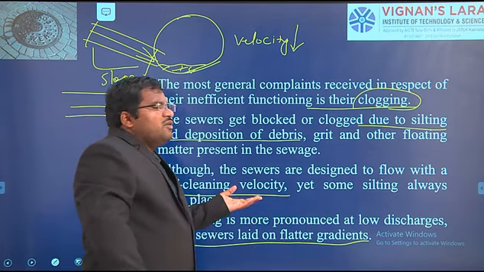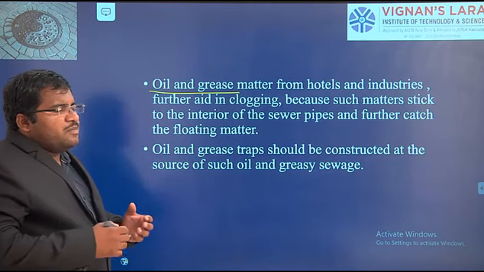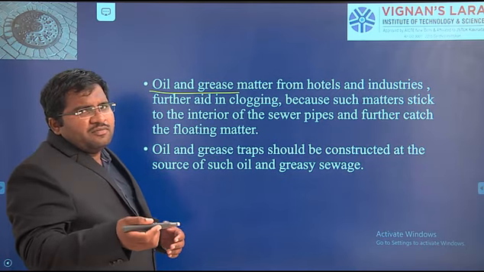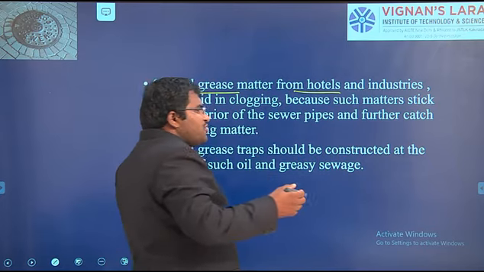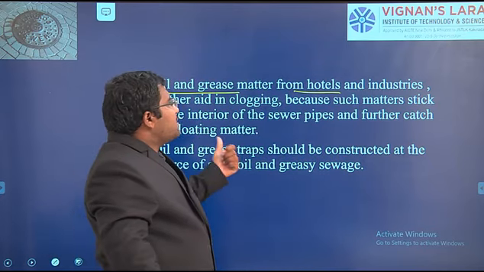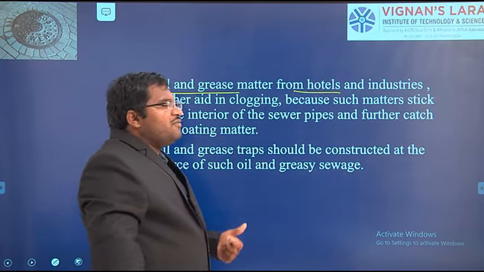Next, oil and grease matter. You can observe these from the flow from big hotels, where lots of oil is used, as well as industries like automobile industries and automobile garages. Whenever they are cleaning, or manufacturing something, they release oil and grease into the sewers.